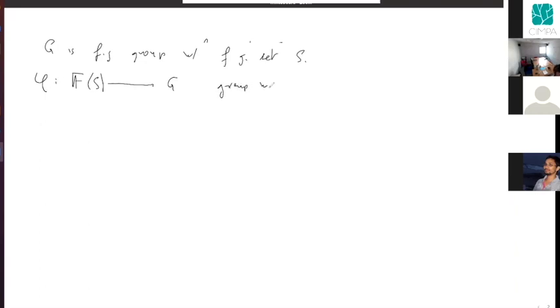Is that each time if G is a finitely generated group with a finite generating set S, then I can consider, instead of taking only two letters, I take all the letters in S. And then it defines also a free group, and then I have a natural morphism to G. This is a group morphism.